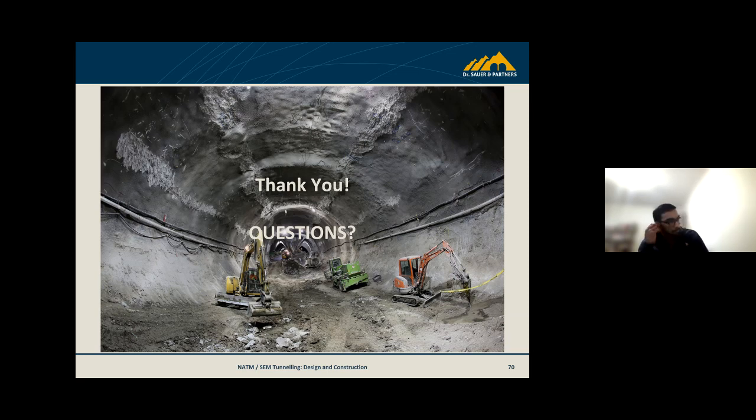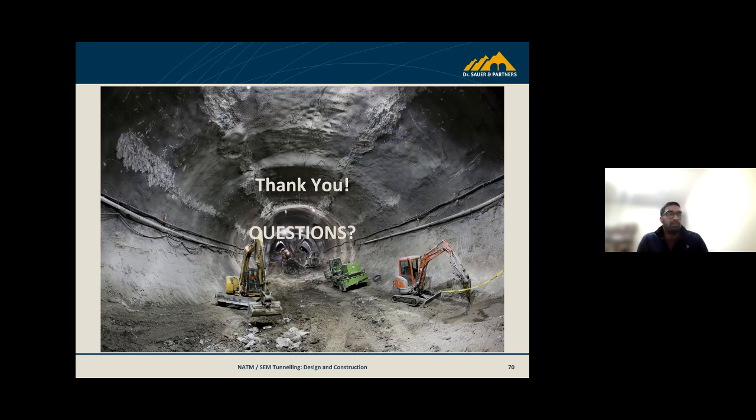Okay, that makes sense. So the next question I have here is, have you had an experience where the excavation support plan had to undergo a major change because of observations, instrumentation and monitoring indicating a problem or better than expected performance?